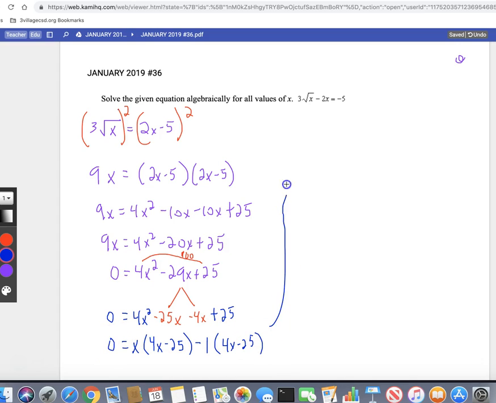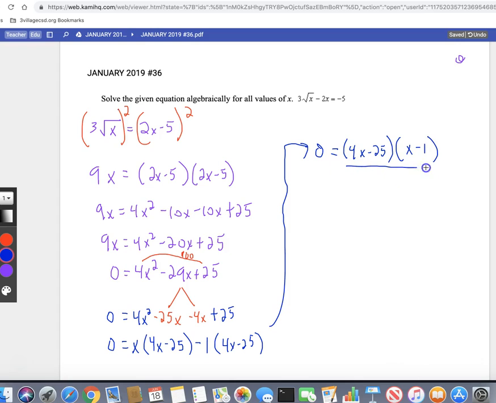When we continue our factor by grouping, since 4x minus 25 is the same factor in both parentheses, we can pull that out. And then we would have left over x, and minus 1 left over from the second pair of terms.